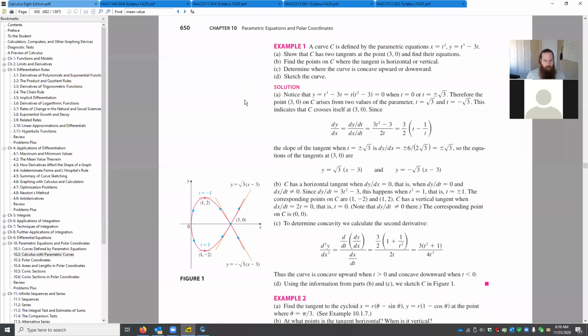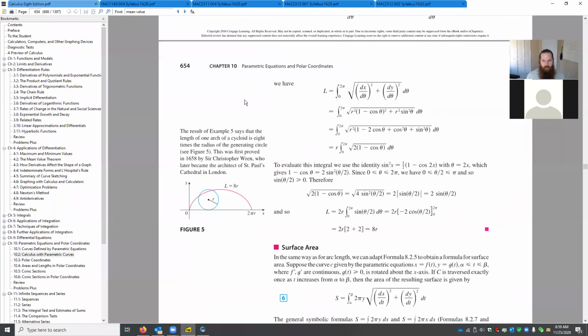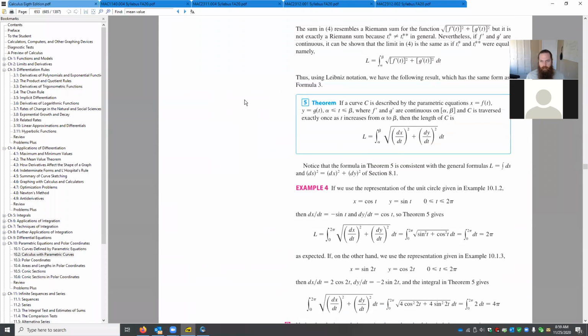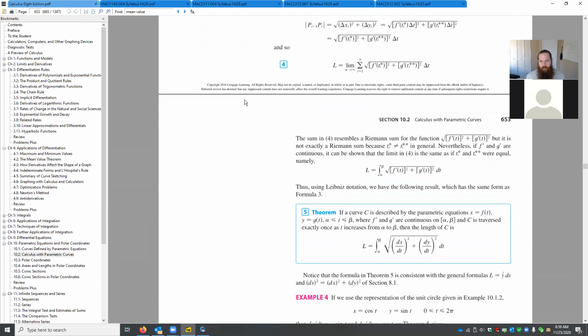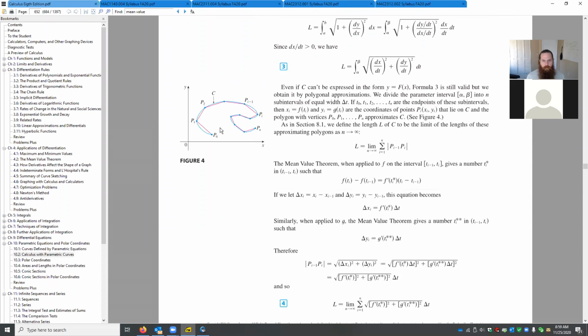The textbook has some reasonable pictures somewhere, I thought. Maybe they don't. Oh, yeah, here it is. Now, they cook this up as a consequence of the expression we had from chapter 8. I'm really not a fan of that.